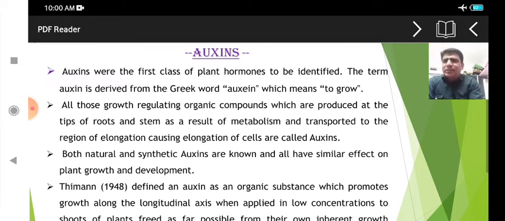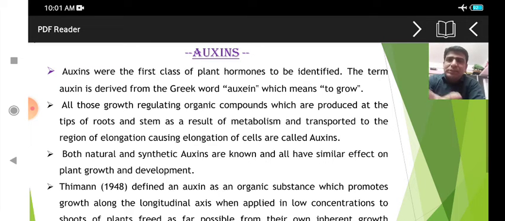Both natural and synthetic auxins are known, and all have similar effects on plant growth and development. Auxins are classified into natural and synthetic ones. Indole acetic acid and indole butyric acid are the natural auxins, synthesized by the plant system in its metabolism.